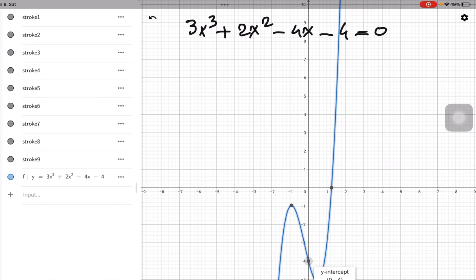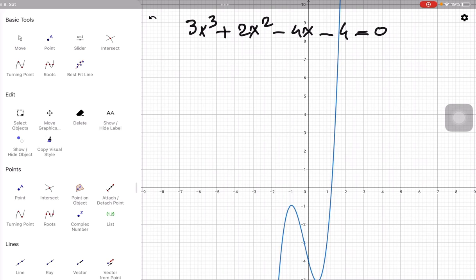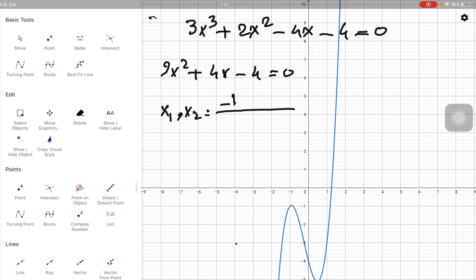And like the other part, I can also use the derivative of this equation, which will be 9x2 plus 4x minus 4. If it equals 0, I can find the roots with x equals minus b plus minus square root of b power 2 minus 4ac, divided by 2a. With this equation, we can find those two roots, maximum and minimum.